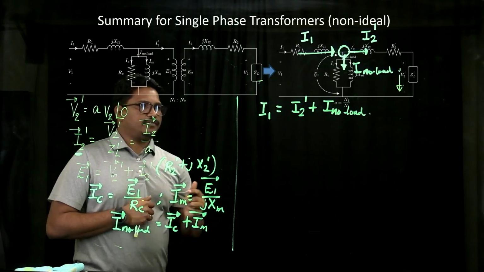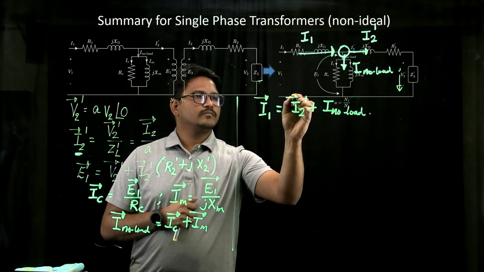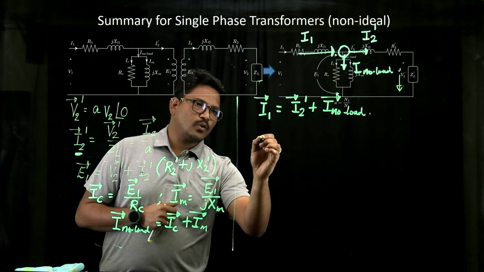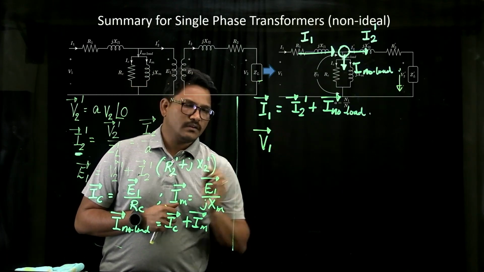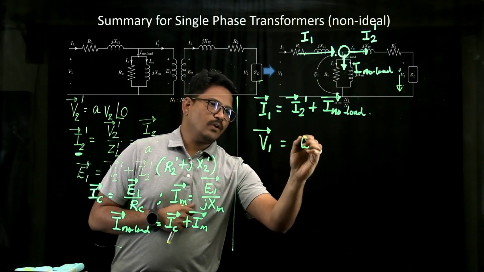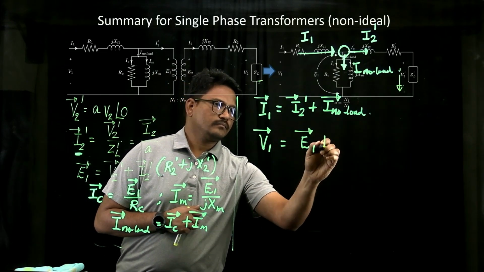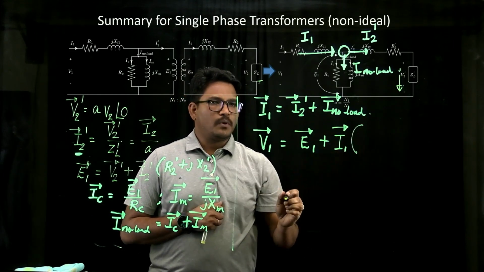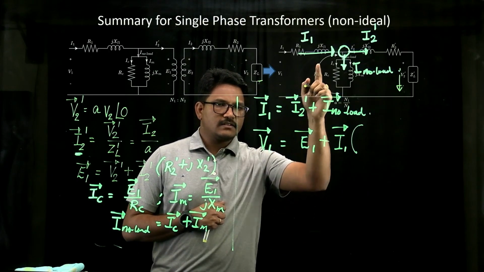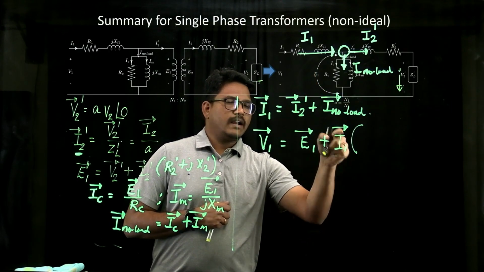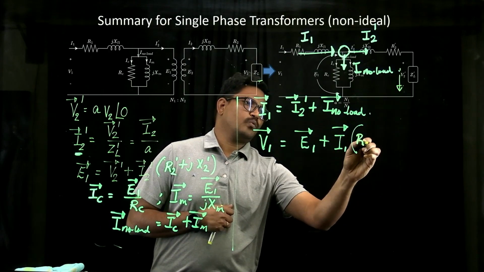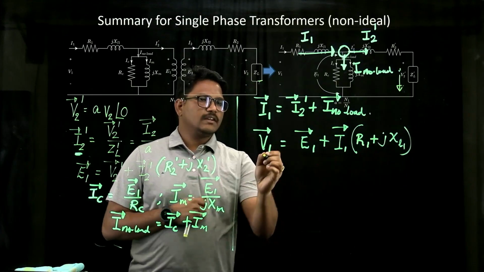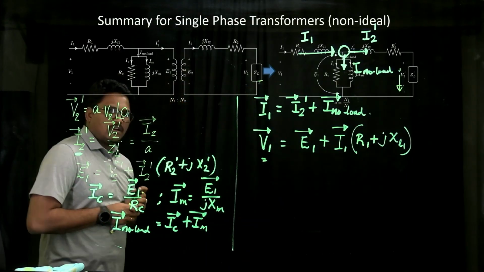Now once you have the value of I1 from this equation, that is when you can calculate your V1 as E1 plus your I1 times the corresponding drop that exists in this network when the current I1 is flowing, which is R1 plus jXL1. This will give us the value of voltage on the primary side.